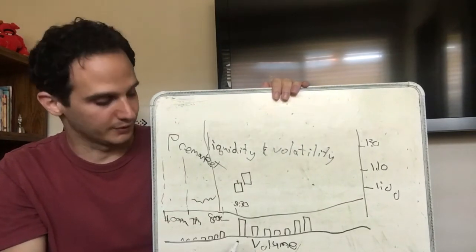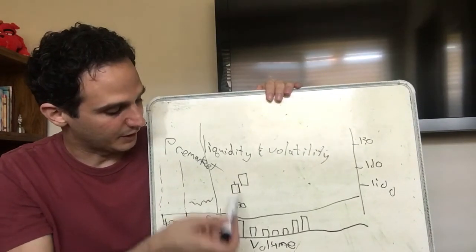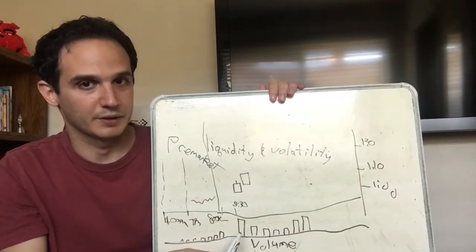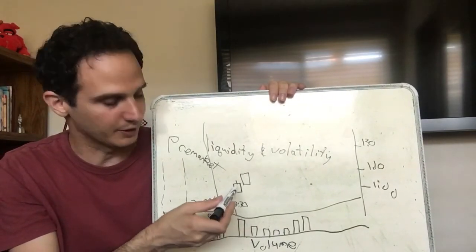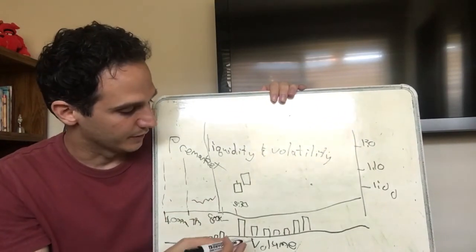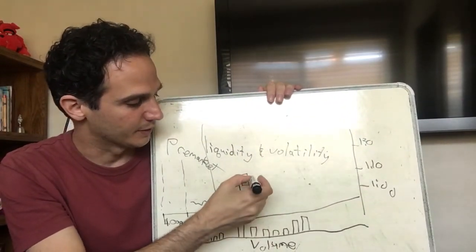For that reason, people who use brokers like that will cause an unusually high volume during market open. So let's say it spikes to 110.